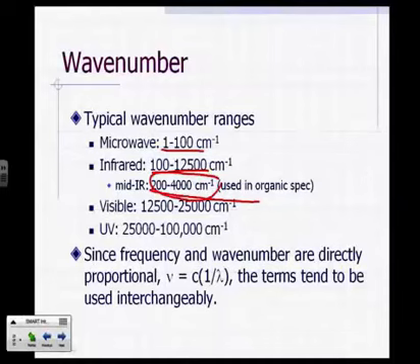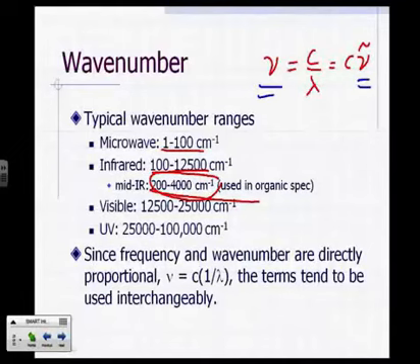You may have used the term frequency for wave numbers in organic chemistry, and it's understandable, because what's frequency? c over lambda, right? And that is just c times nu tilde. So frequency is directly proportional to wave number.